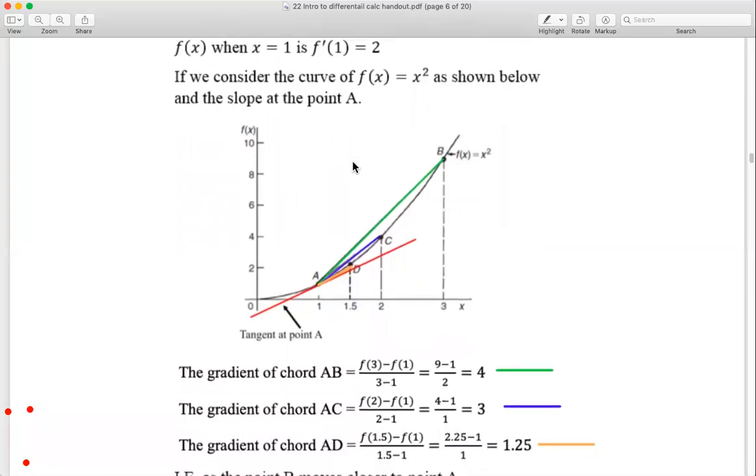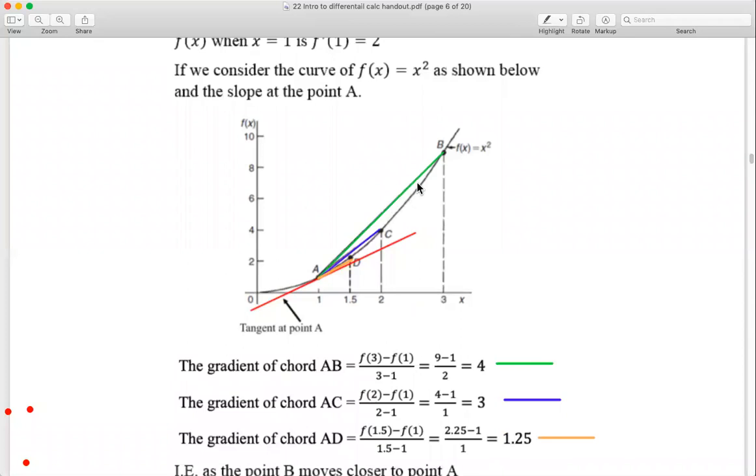But if we look at how chord lines can develop towards being the tangent, if we take the two points A and B, they're not very close together, and the gradient of that green chord is the change in y, which is 9 up here, minus 1 at the bottom, 4. If we move a bit closer to the point C, the gradient of that chord is 4 minus 1 over 1, which is equal to 3.